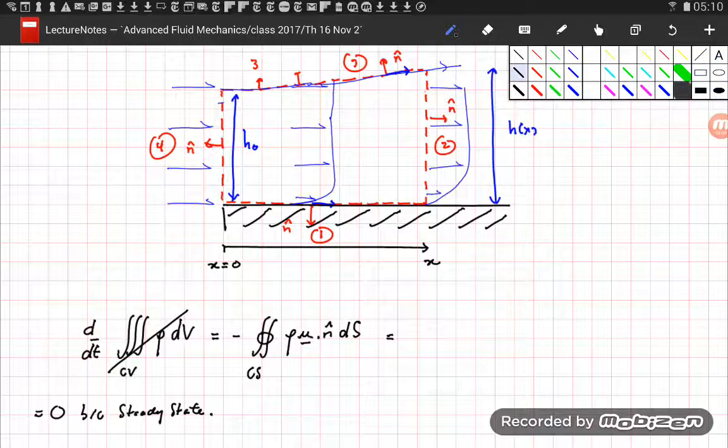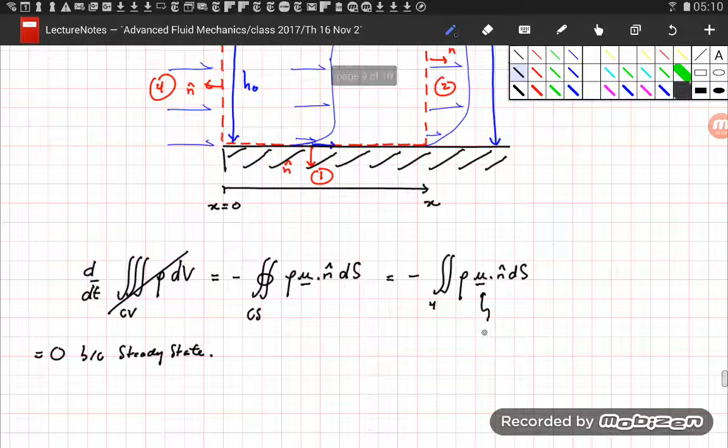So the volumetric flow rate out of 4, we have a negative sign, times the double integral out of 4 of rho u dot n ds. Here u is fully known, so the velocity vector u just has a component in the x direction.